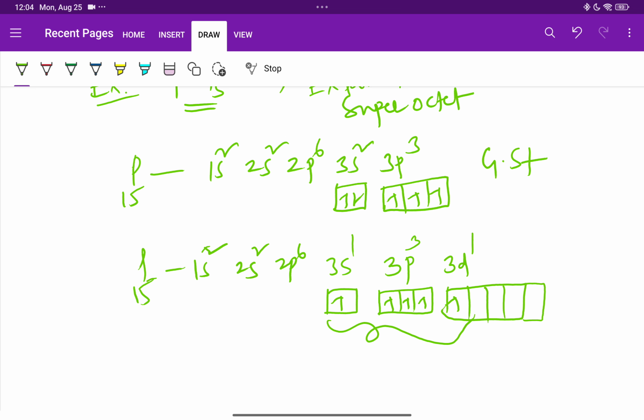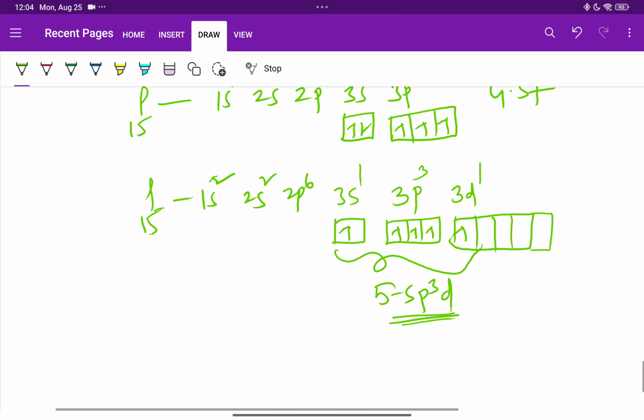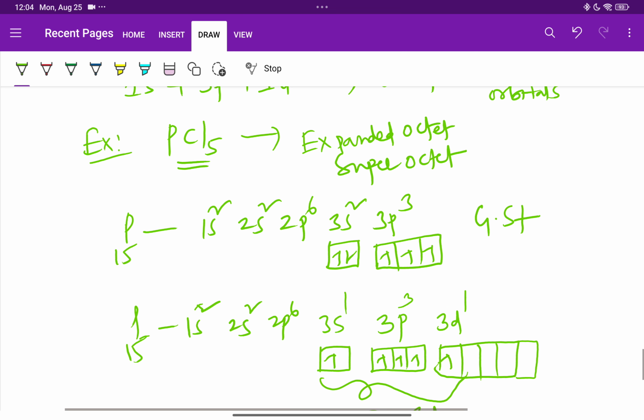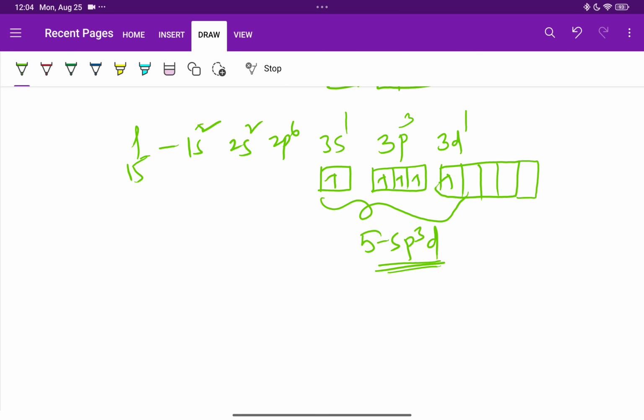1s, 3p, 1d orbitals are intermixing. Then we are going to get 5 sp3d hybrid orbitals. These 5 sp3d hybrid orbitals overlap with the chlorine's pz. Previously I have given that chlorine's atomic number is 17, 1s2, 2s2, 2p6, 3s2, 3p5, and valency electrons are 7.